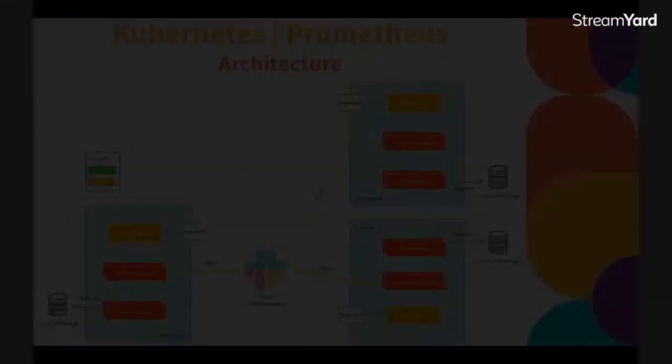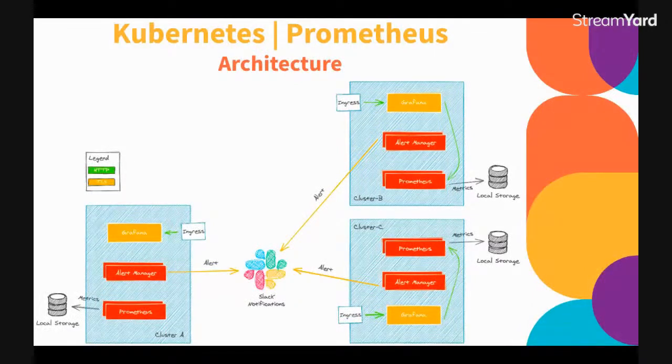Now let's move on to the normal architecture of Kubernetes and Prometheus. As you can see here, we have three separate clusters, and in each cluster we install Grafana, Alertmanager, and Prometheus, and we have a notification provider. In this architecture it is Slack, but you can use Google Chat, MS Teams, or any notification provider.